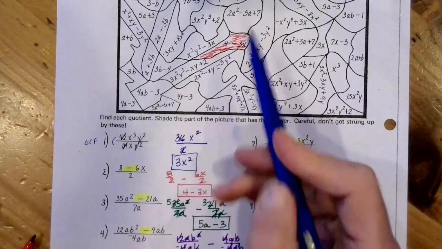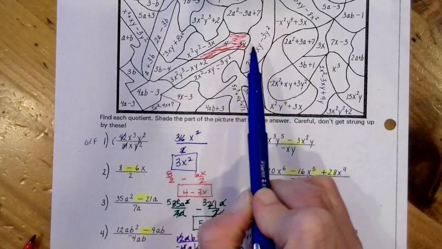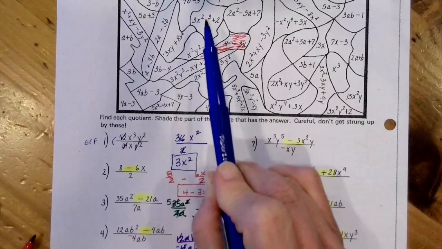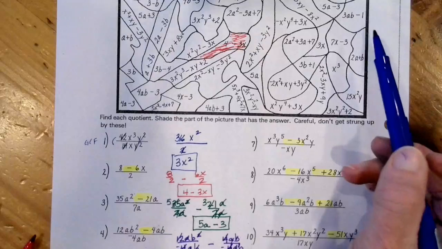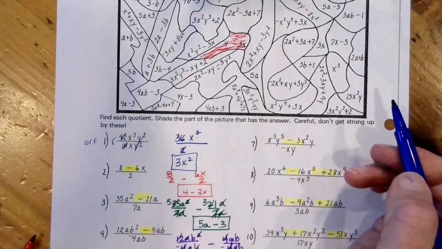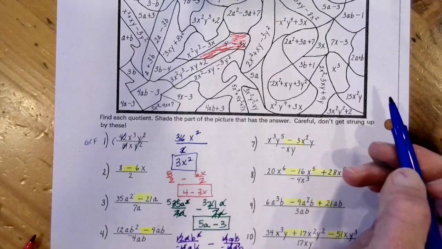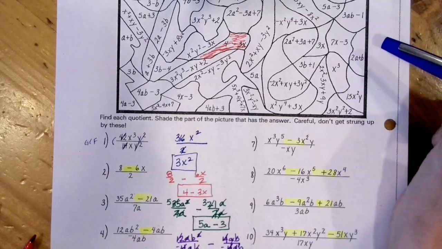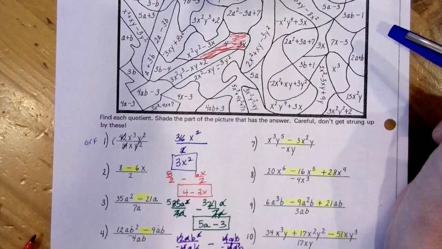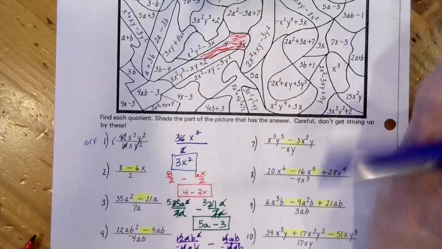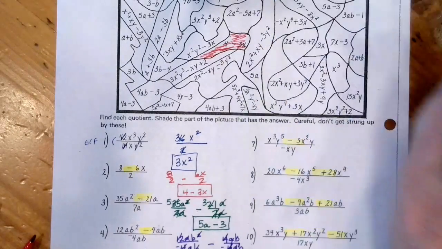Do I see 3x squared anywhere? I see 3x. Keep looking for that one. Alright, oh, here's 3x squared. So come on back and check your answers with me. Keep working.